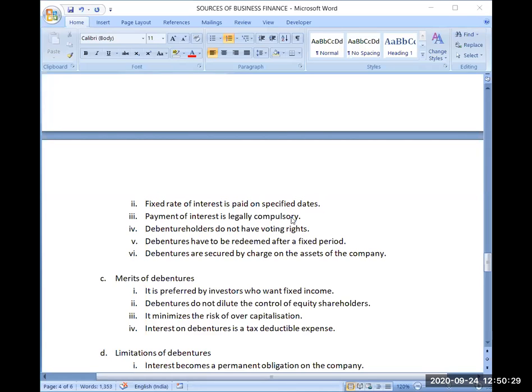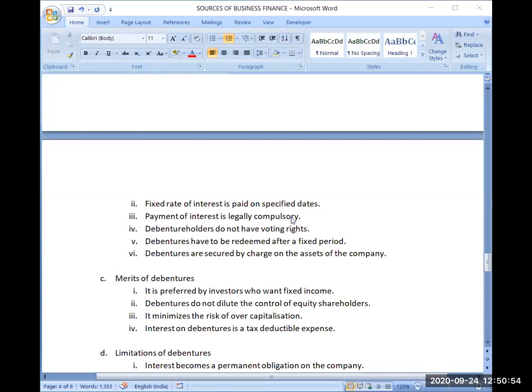Legally compulsory means that suppose you have started a business and you are the owner of the business.